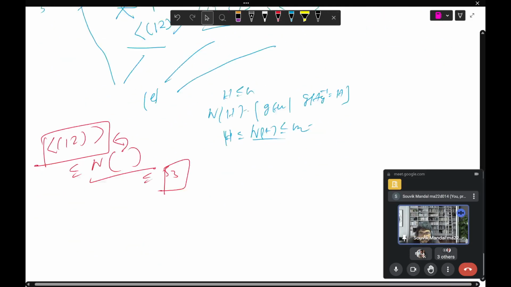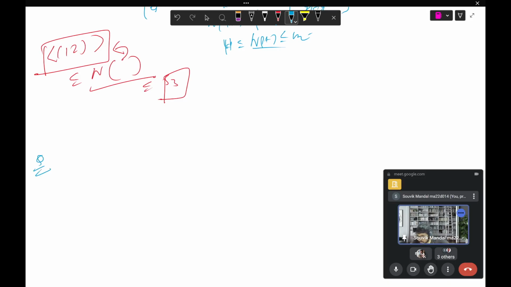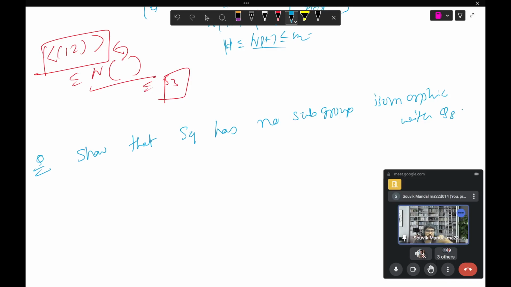So what is this problem? Show that S4 has no subgroup isomorphic with Q8. S4 has no subgroup isomorphic with Q8.